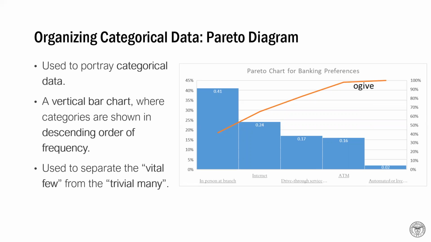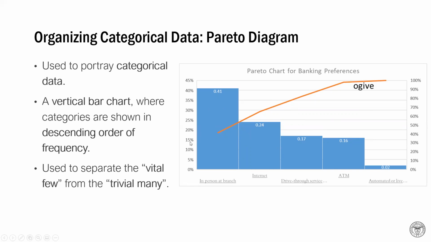To do so, we may use a Pareto diagram. In the Pareto diagram, we place the most frequent categories on the leftmost and other categories in descending order. For example, in this Pareto diagram, the most frequent categories are placed on the left.